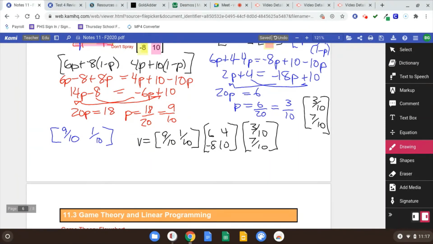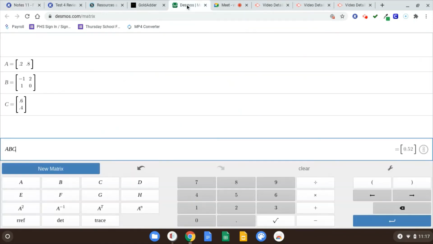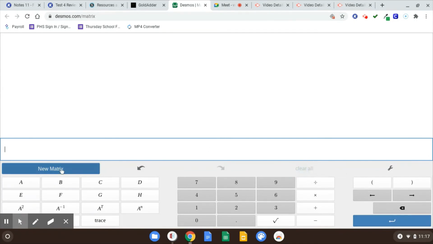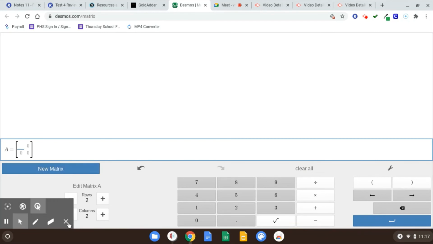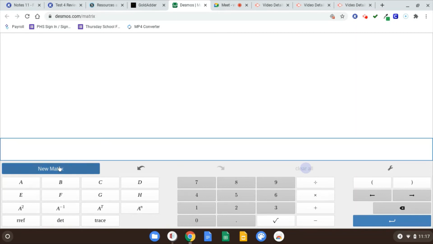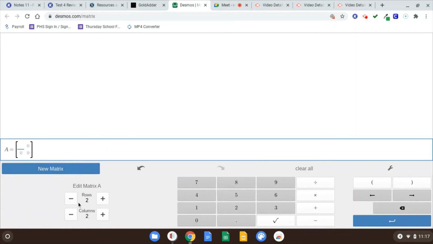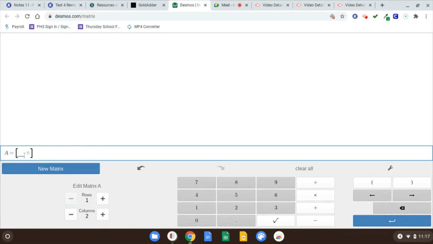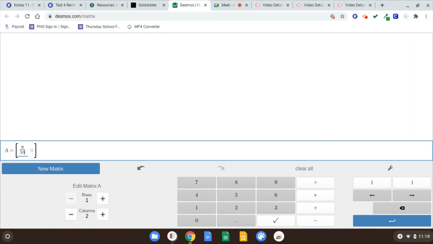Now, of course, you should be able to do this by hand, but let's shortcut this and do it on a calculator, especially since we're running low on space. I like this one at Desmos. I'll clear all. New matrix A is one row: 9/10 and 1/10.